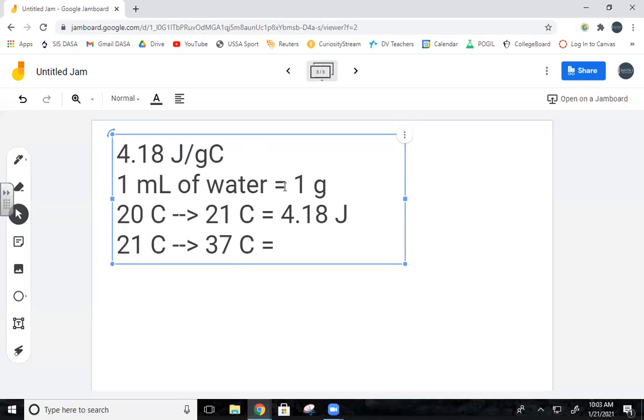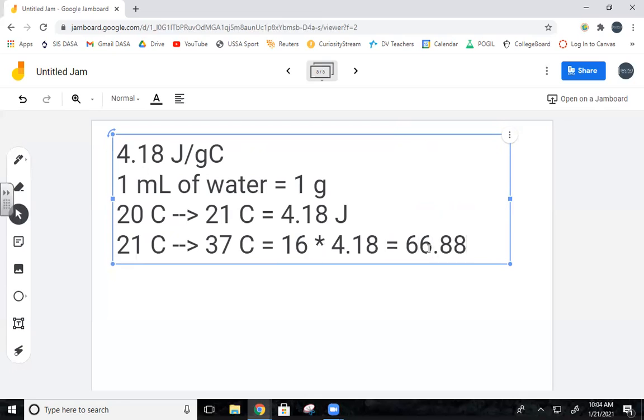We took our desired change in temperature, which is 16 degrees Celsius, and we are going to multiply it by the specific heat, which is 4.18, to give us, what was the answer? 66.88 joules. Okay? Do we see how that works?